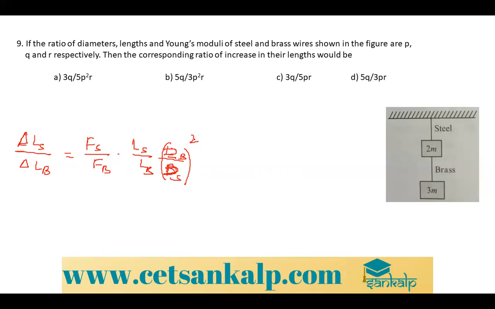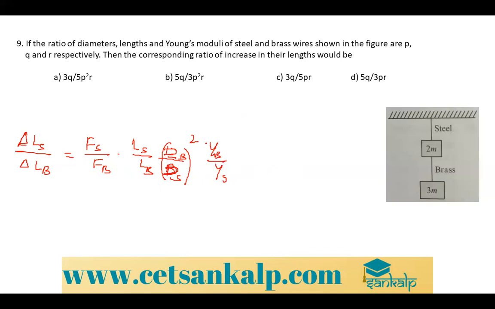Pi r square is nothing but the area. So Fs divided by Fb into Ls divided by Lb into dB divided by ds the whole square into Yb divided by Ys.